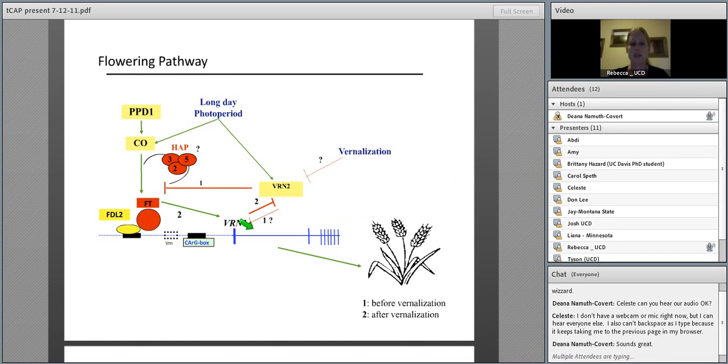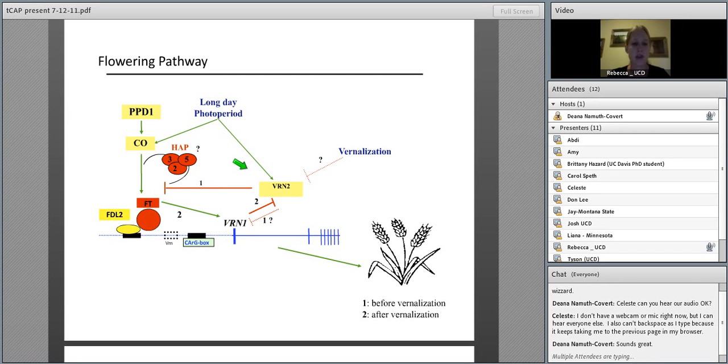So just an overview of the flowering pathway. It can be complicated, and there are some points that we're not entirely clear on yet. But overall, there are 2 main areas, one being the photoperiod pathway, and the other being the vernalization pathway. So just a basic idea of how that works.